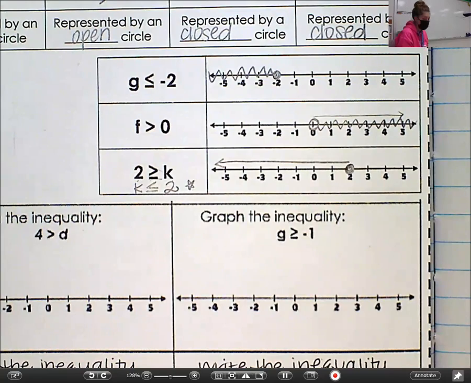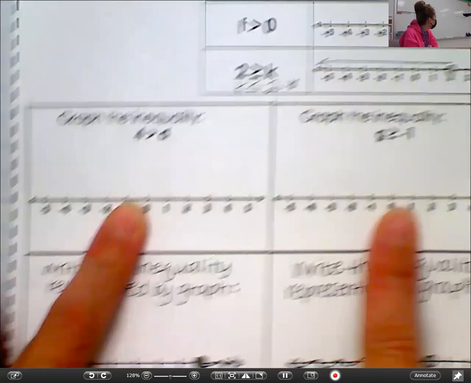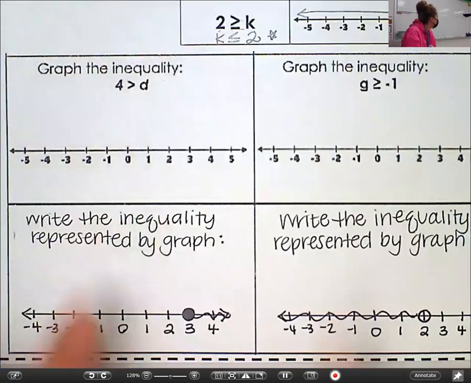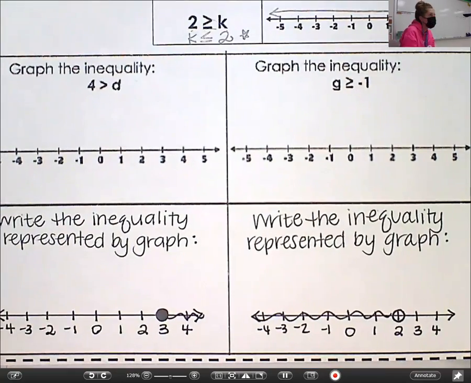Okay. All right. So I want you to graph these two inequalities real quick and tell me what these bottom two represent. And if we're good, we will move on.